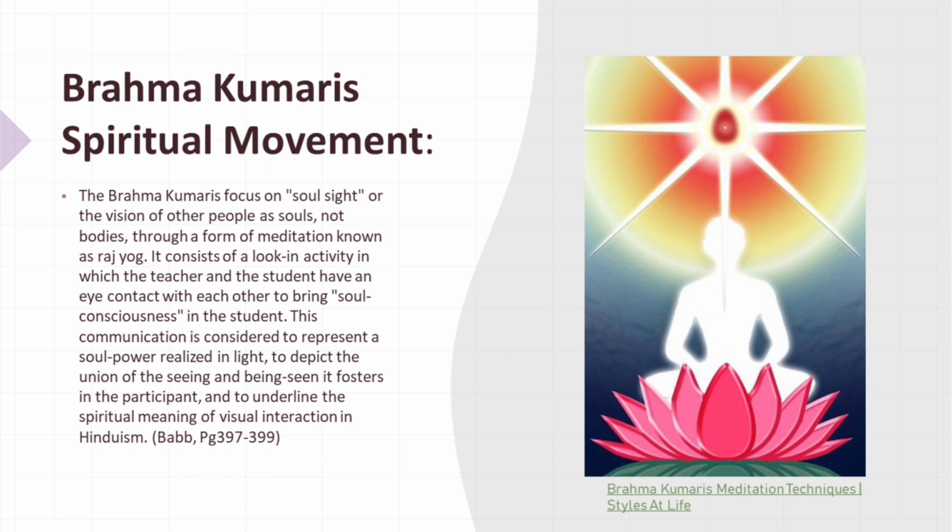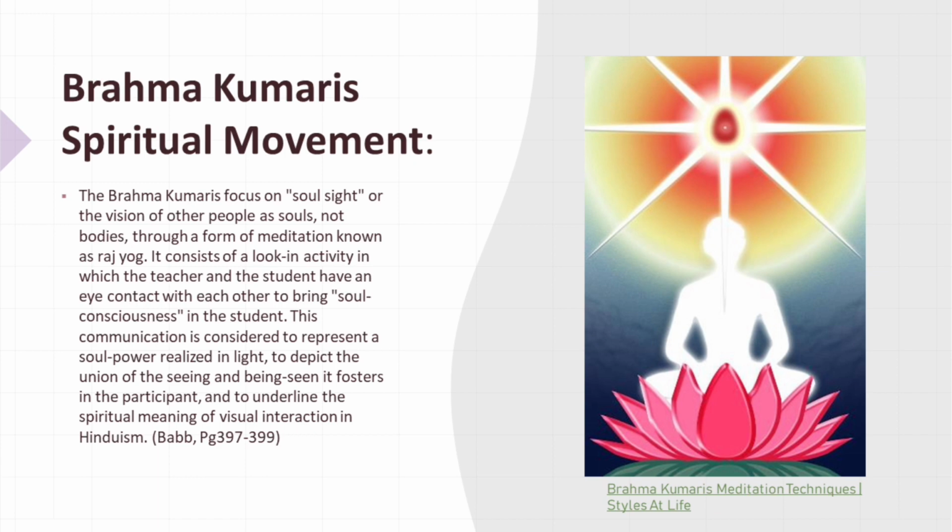The Brahma Kumaris spiritual movement focuses on the soul side, or the vision of other people as souls, not bodies, through a form of meditation known as Raja Yoga. It consists of a look-in activity in which the teacher and the student have eye contact with each other to bring soul consciousness in the student.